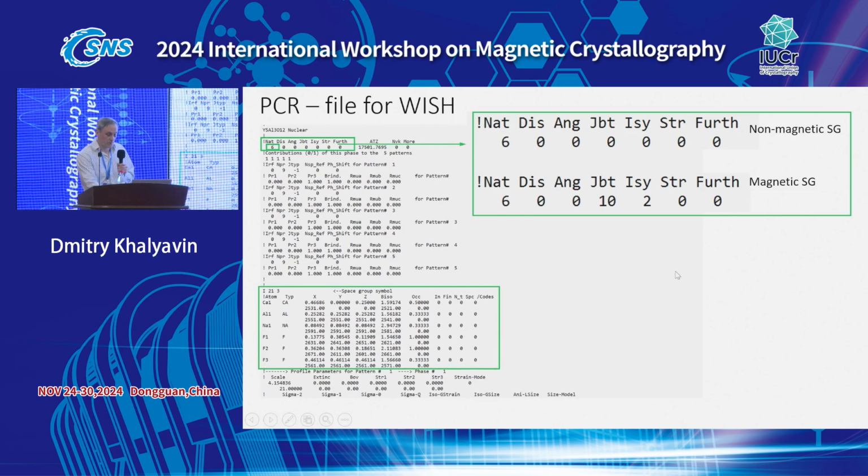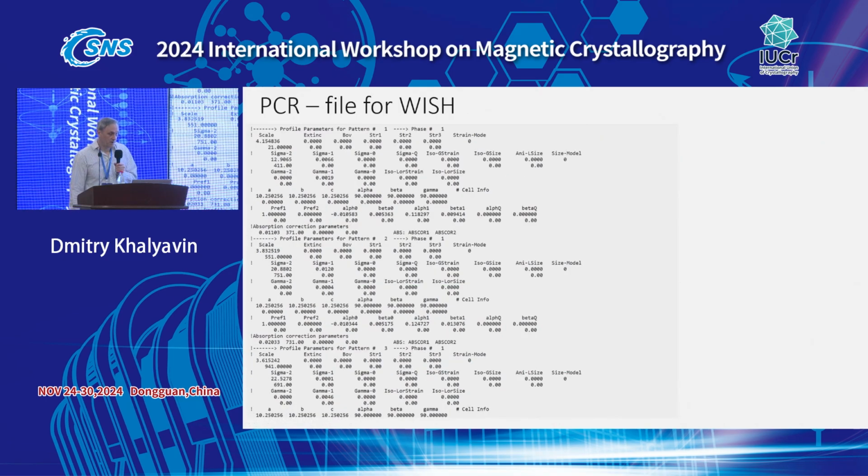And finally, what else? We need a set of parameters, again specific for each pattern. It's something like scale factor, absorption corrections, unit cell parameters. But unit cell parameters, again, are our model, and we want to keep them the same for each pattern.